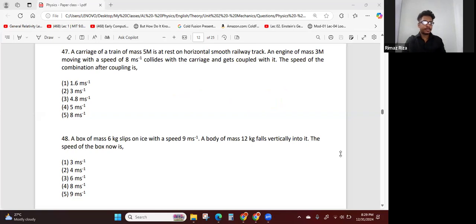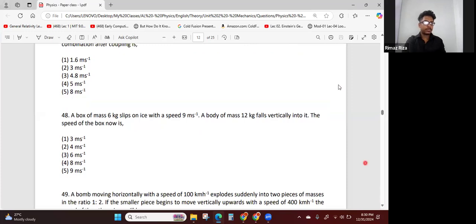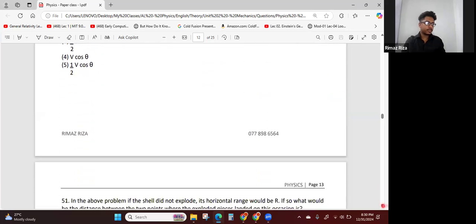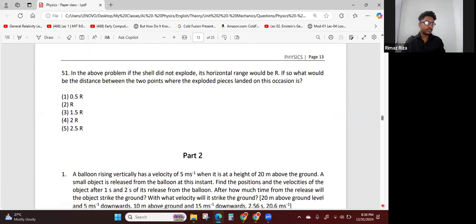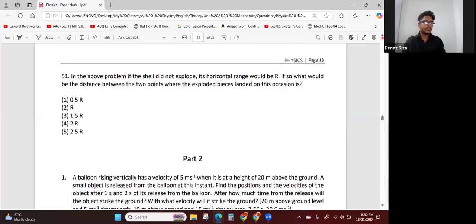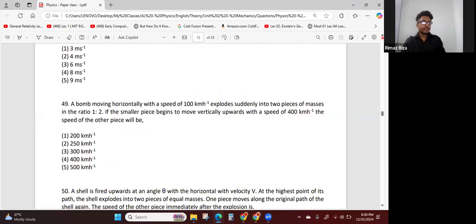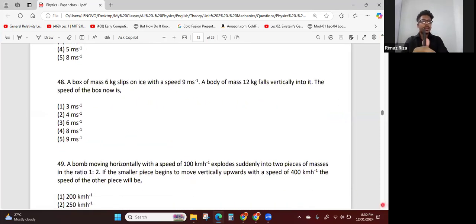48. A box of mass 6 kilograms slips on ice with speed 9 meters per second.